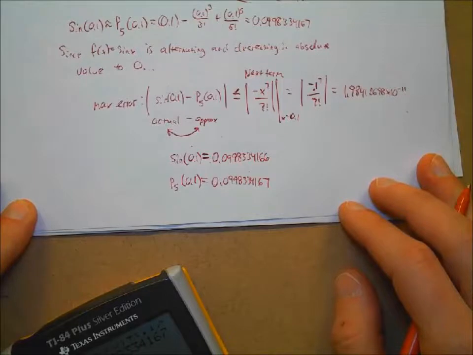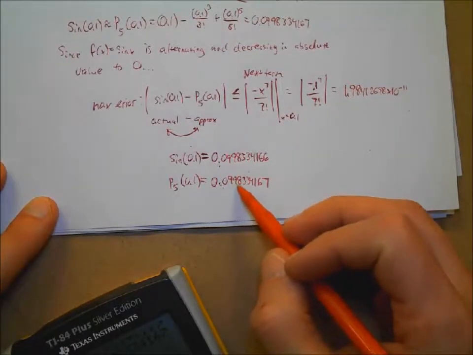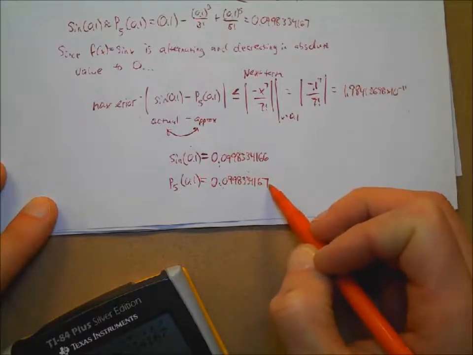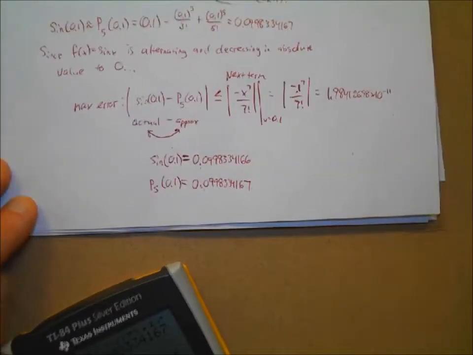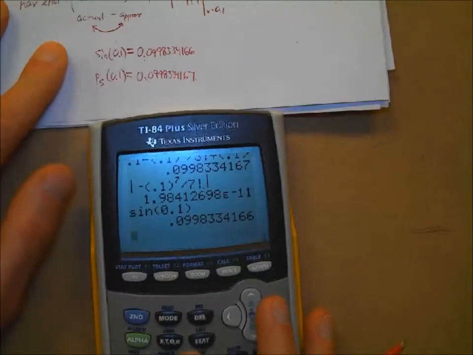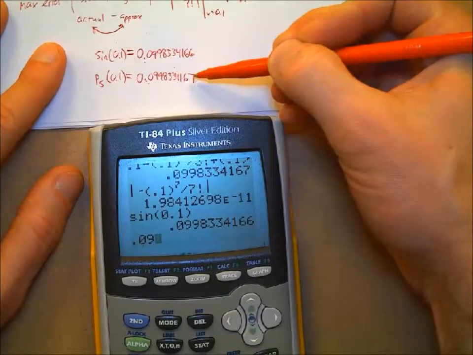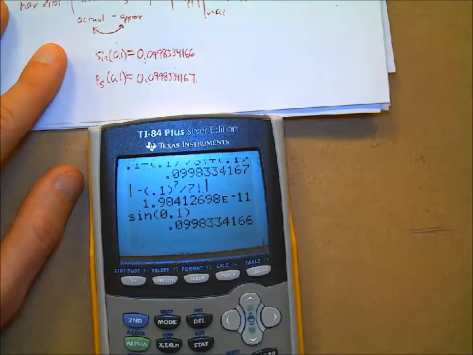At what decimal place does that occur? If you look here, 1, 2, 3, 4, 5, 6, 7, 8, 9, 10. So if we subtract here, let me just do the subtraction, the real minus the approximate.